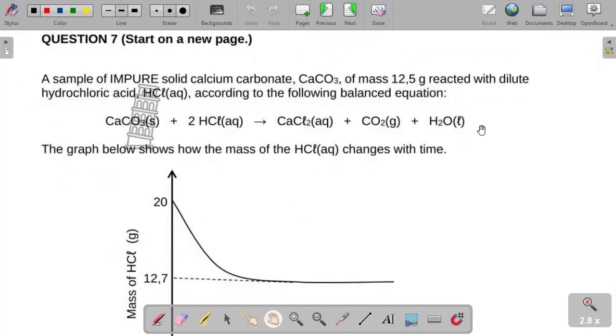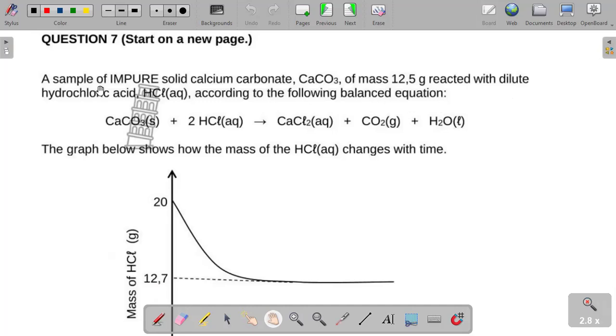So let's read the question together. A sample of impure solid calcium carbonate, of mass 12.5 grams, reacted with dilute hydrochloric acid HCl according to the balanced equation.